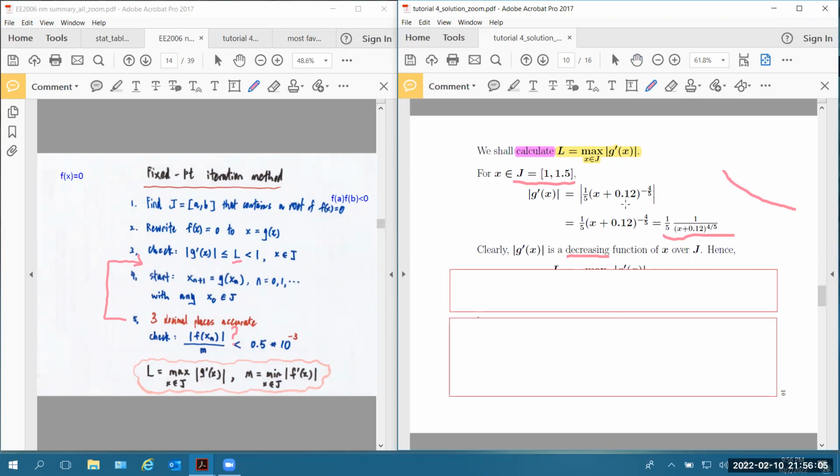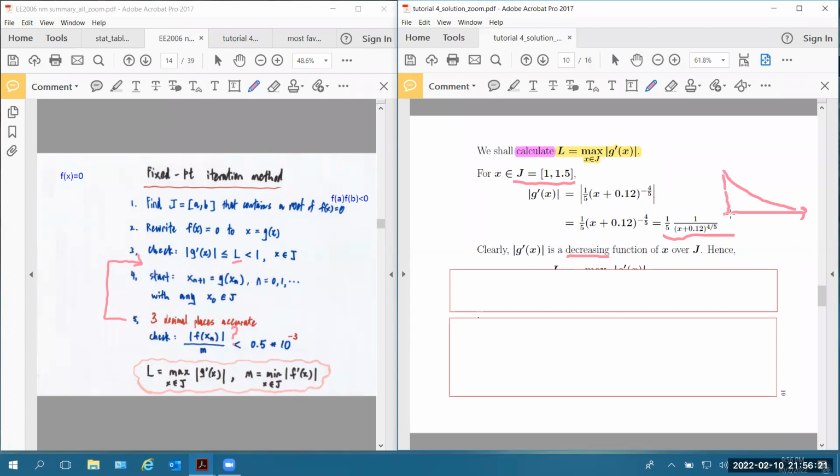So if you want to get the maximum, suppose this is your x-axis, where should you put your x? Obviously, you want to put your x here, where you get the maximum.